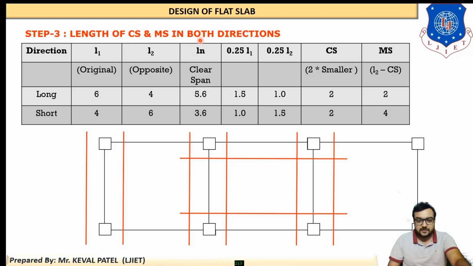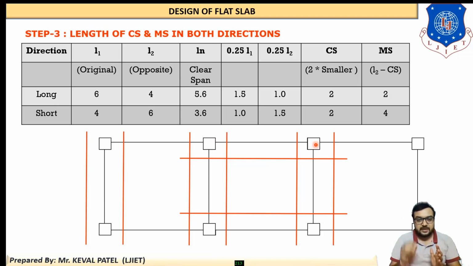LN means clear span. Clear span means the inside to inside distance. For example, this is our longer span, and this direction is 6 meter, but for the clear span we have to deduct the column dimension: half of the column dimension from this side and half from this side.